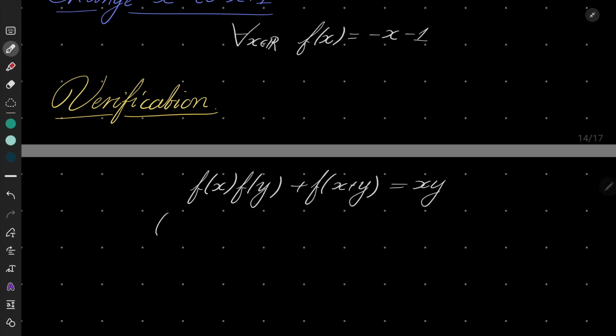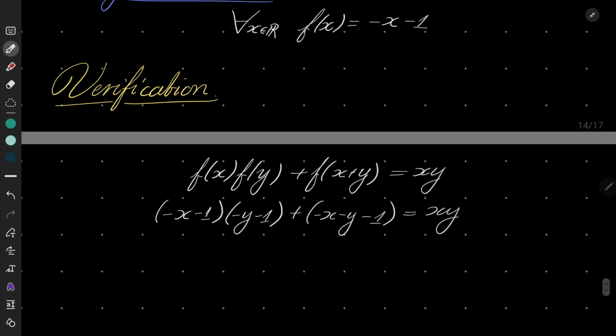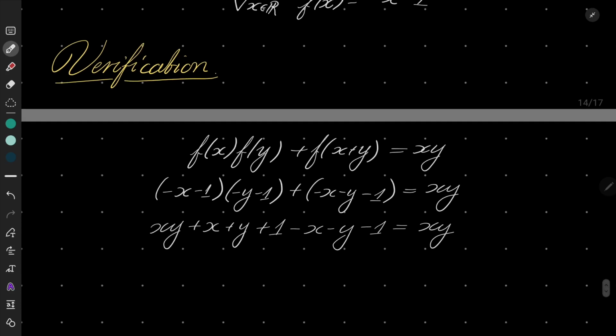Well, let's plug in: (minus x minus 1) times (minus y minus 1) plus (minus x minus y minus 1) equals x times y. Let's expand everything. So we get x times y plus x plus y plus 1 minus x minus y minus 1 equals x times y. Well, 0 equals 0. It's true. So we have already found one solution.